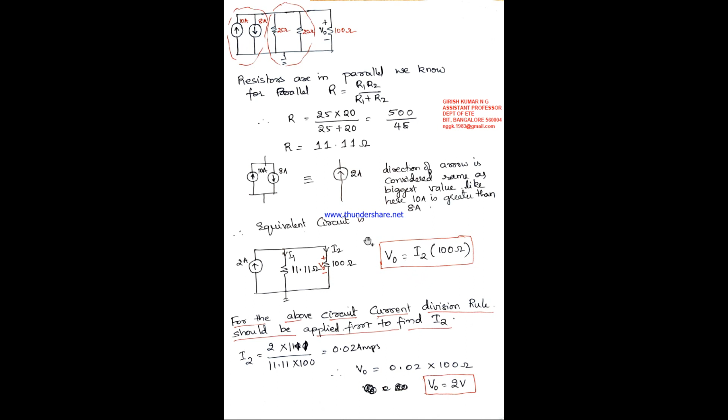So I2 would be equal to, by the current division rule, the total current 2 multiplied by the opposite resistance 11.11 divided by the summation of these two resistances, which is 11.11 plus 100. 11.11 plus 100.